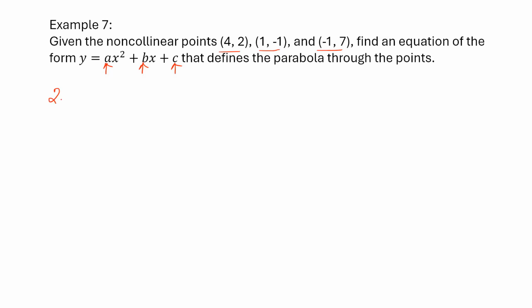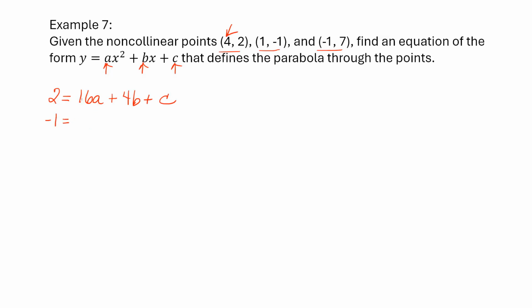Y will be 2. And then we'll have a times x squared. So that's 16a, because x is 4 in this point, plus bx. So x is 4 again, 4b, and c. All right, next we'll put in (1, -1) for x and y. So y is negative 1, we'll put that there.